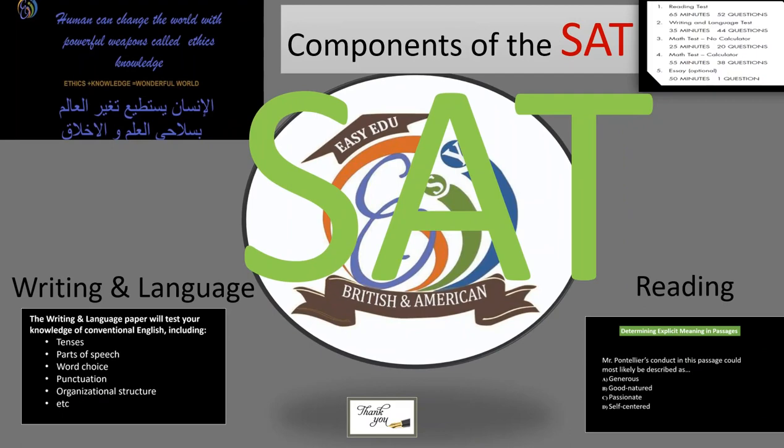In this video, I'm going to familiarize our students with the SAT components. The SAT tests students in two subjects, English and Maths. So let's see the components of the SAT.